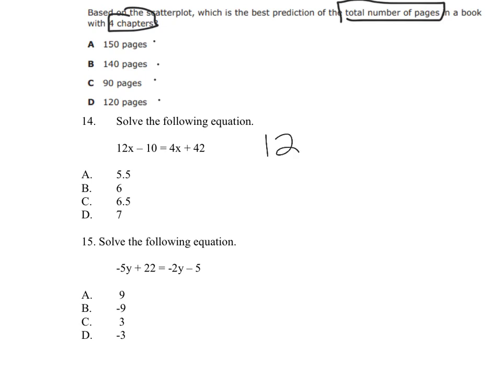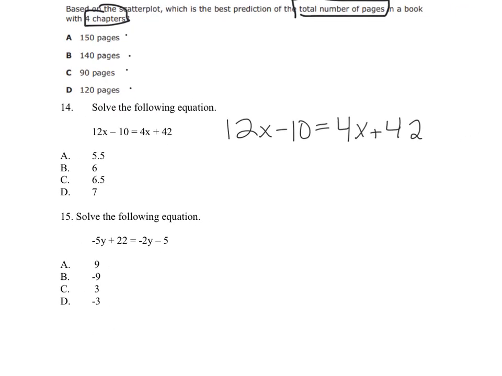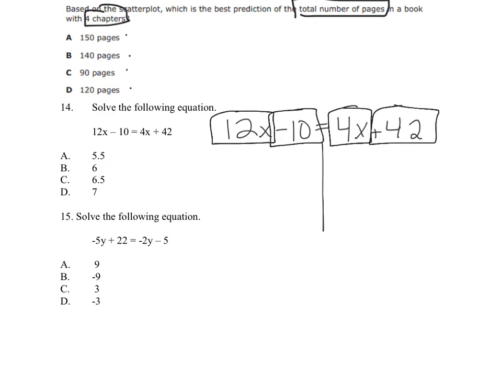Same thing, you've got 12x minus 10. Remember to box it in with the signs in front as best you can. And I always like to combine the variables first, just so you're only looking at one letter, because that can be confusing.